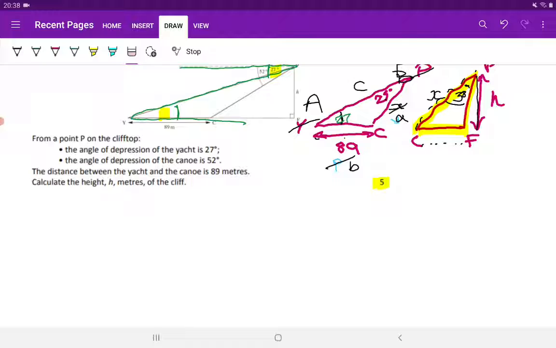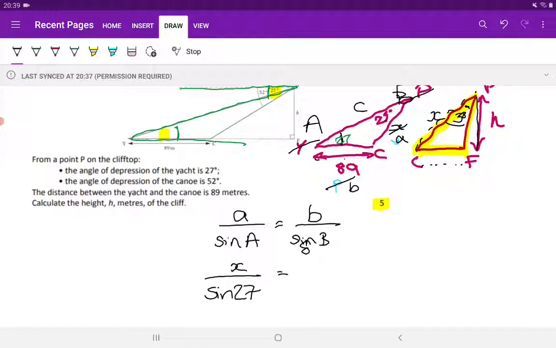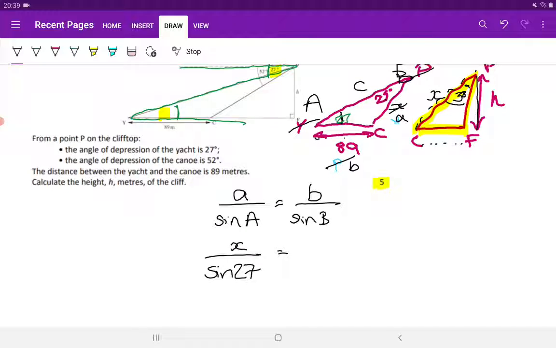So we have a, which is what we're trying to work out, x, over sine a equals b over sine b. a is x, sine a is sine 27, b is 89, and sine b is sine 25.